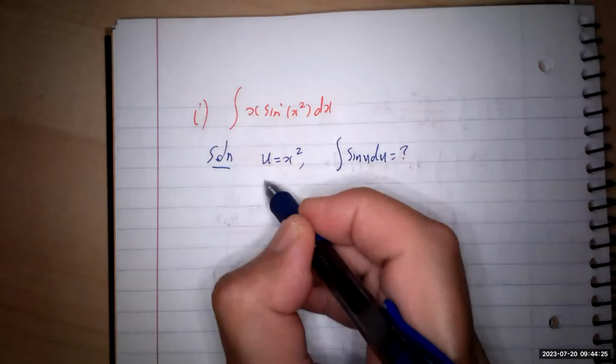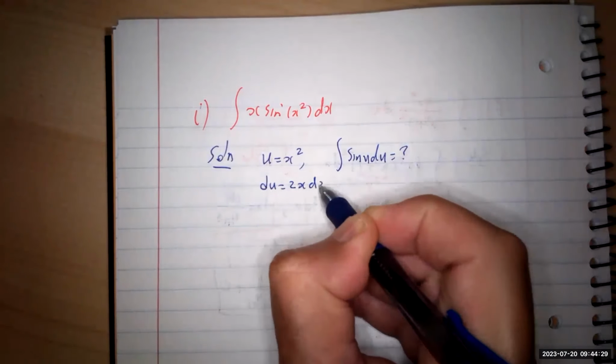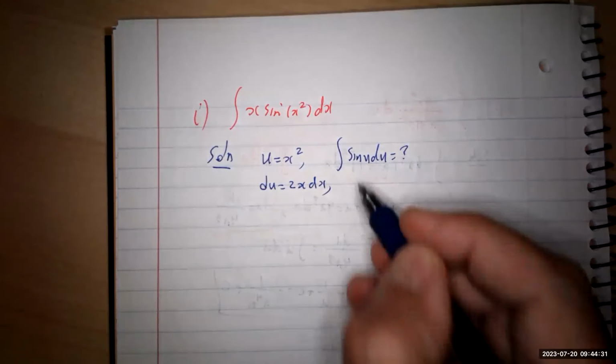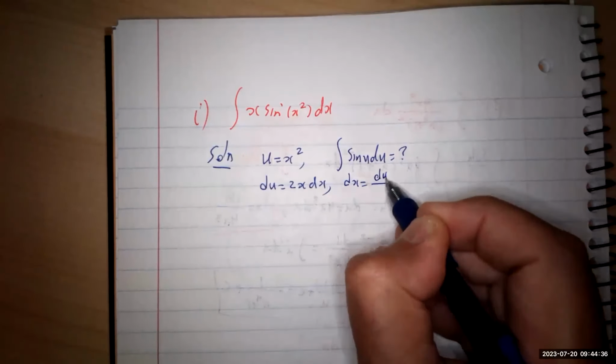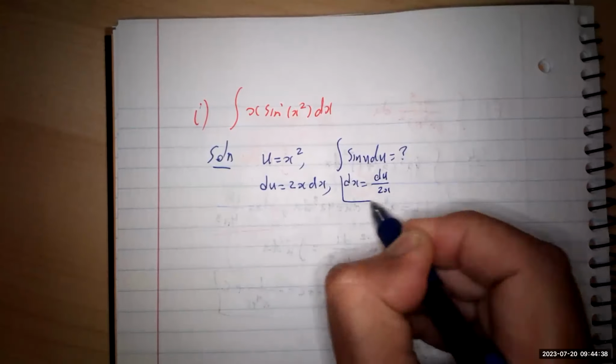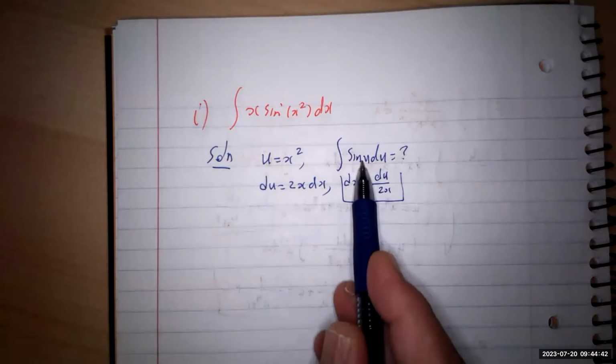So we find the du, which is 2x dx. Then you find the dx, which is du over 2x. Okay, go back, substitute, get the target.